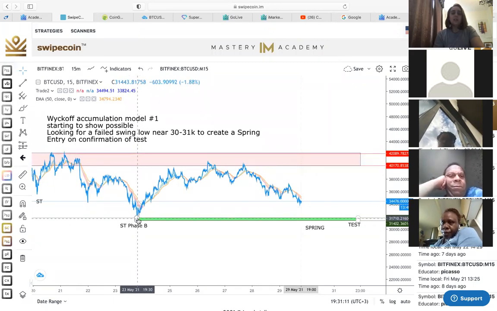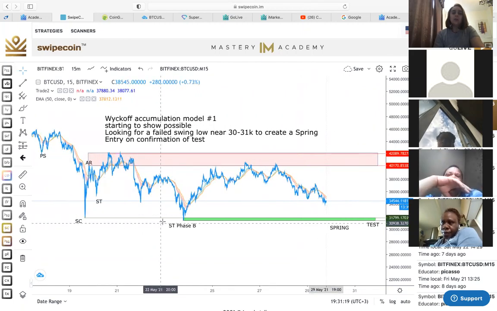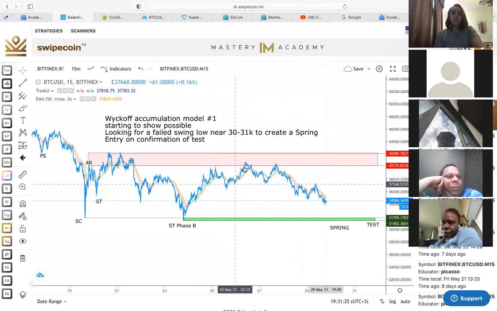So we can see the low here. If we can make a higher low over here, we can get a confirmation that we're going to start going back up. Because all the time we kept getting to this resistance, it kept pushing off of the resistance. Look, 1, 2, 3.